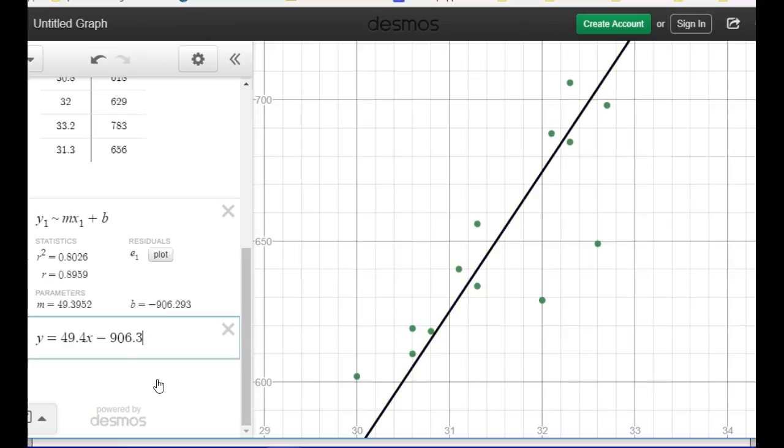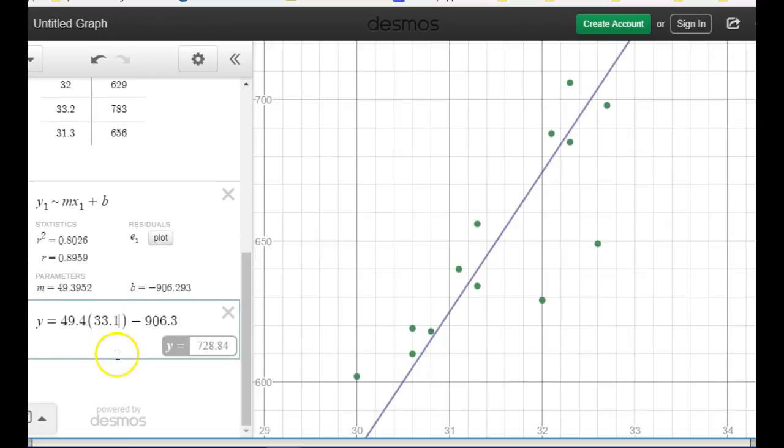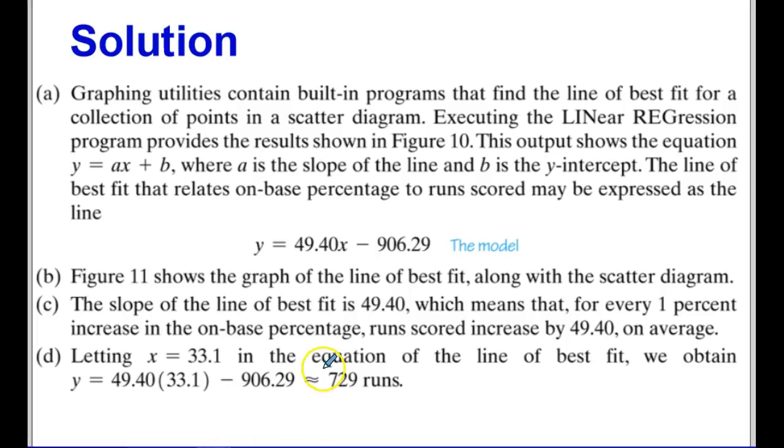You'll see that my two lines are really close to each other, so that works out well. Now I can replace this x with my 33.1. When I do that, Desmos actually acts as my calculator as well and gives me 728.84. So it helps me come up with this final about 729 runs, which is what we got here as well, which is pretty neat.